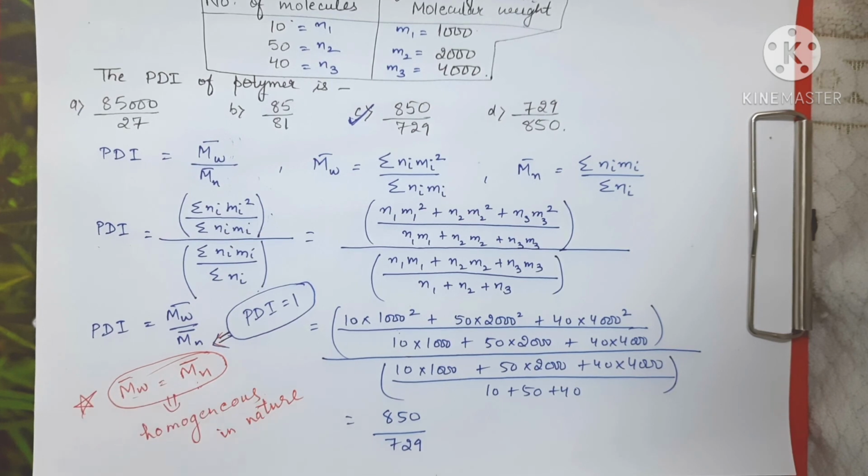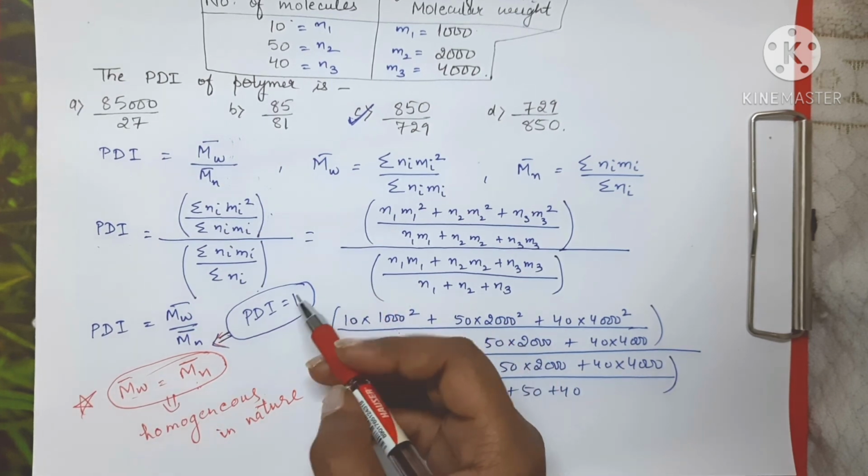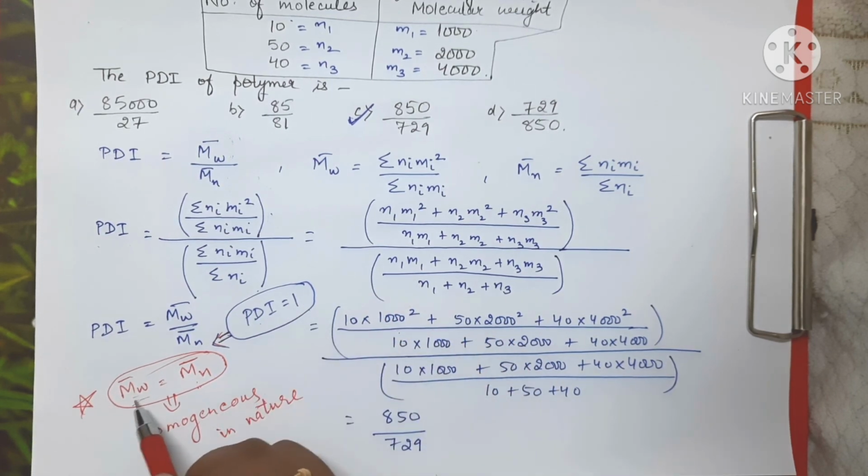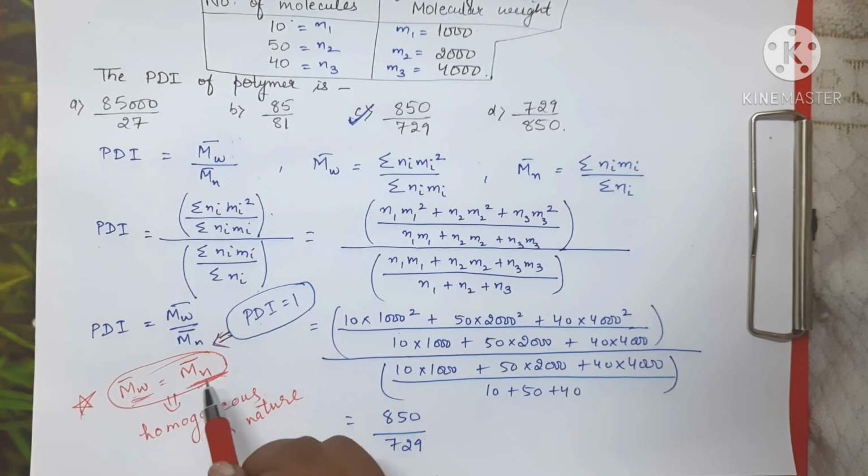Right, so you can star mark this. When value of PDI equals 1, then value of Mw equals value of Mn, and in that case the solution is homogeneous in nature. So this is all about this question.